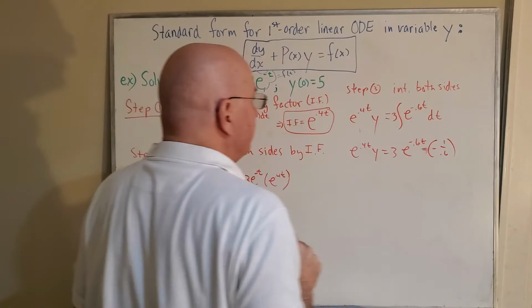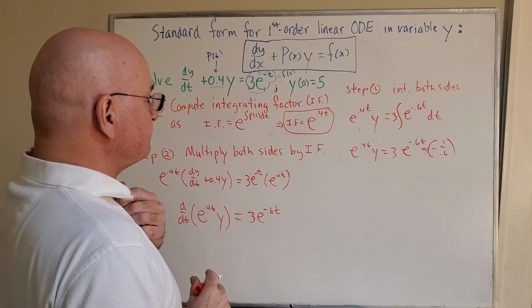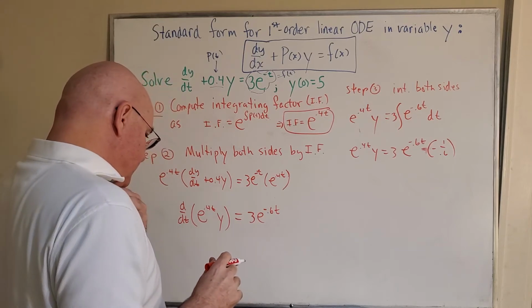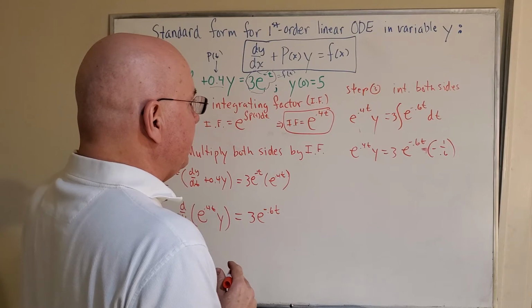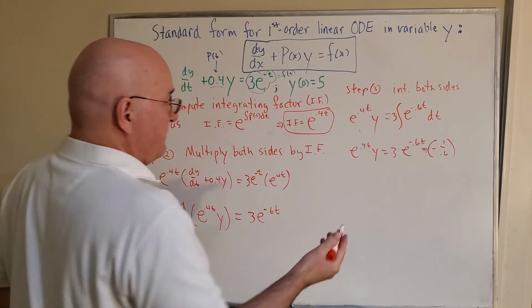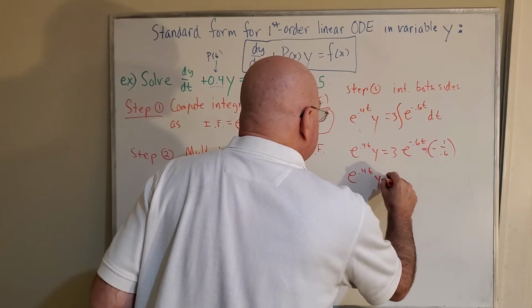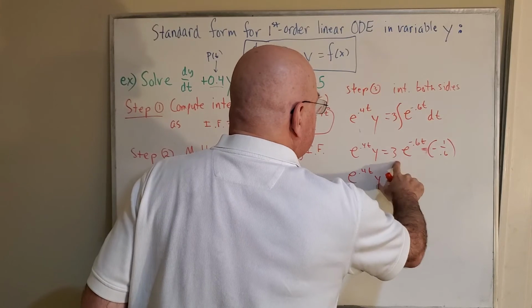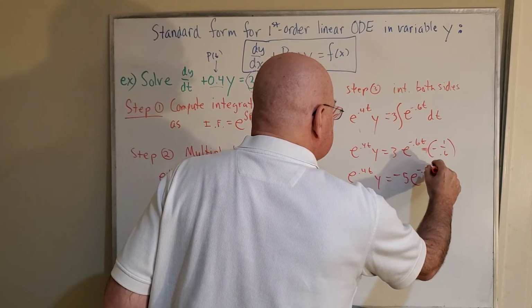Yeah, negative 1 over 0.6. So then we get a 3 over 0.6, which is going to turn into 30 over 6, a 5. So e^(0.4t) y is equal to, multiply this and this, and we get a negative 5 e^(-0.6t).